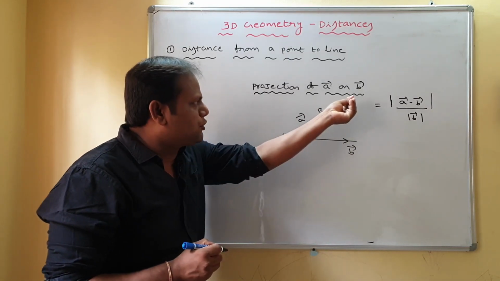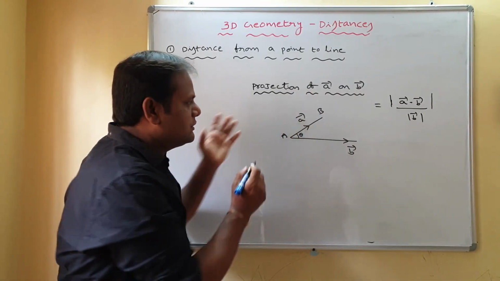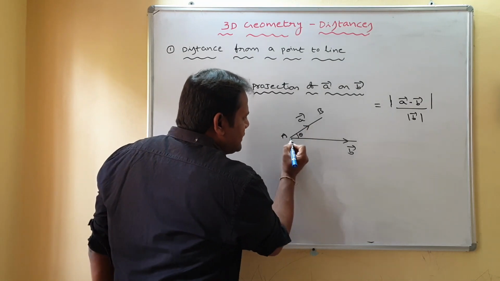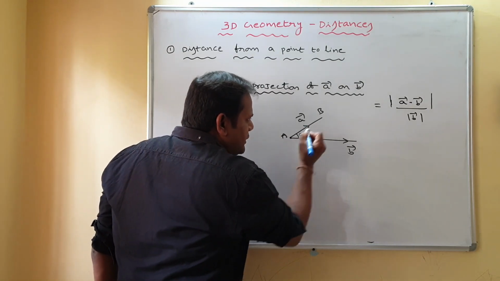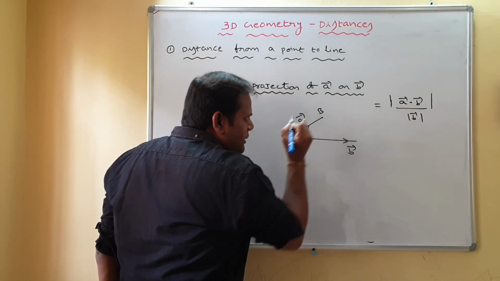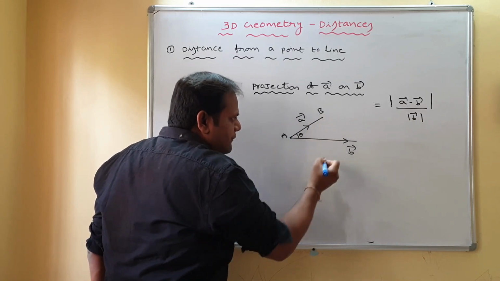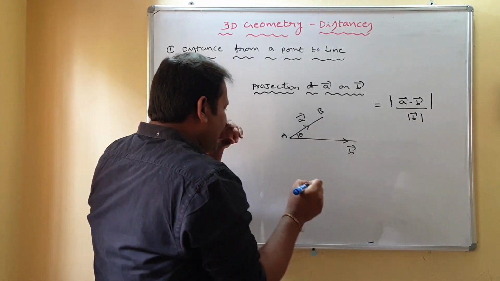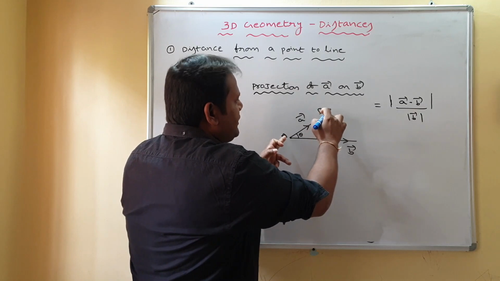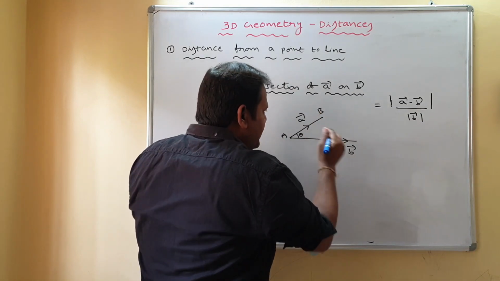Geometrically, what is the projection? Here A is a point and you drop a perpendicular from B to the vector b bar, because we are finding the projection of AB on b bar.